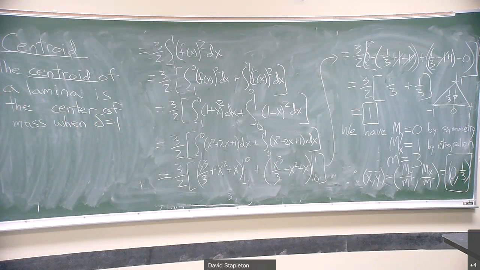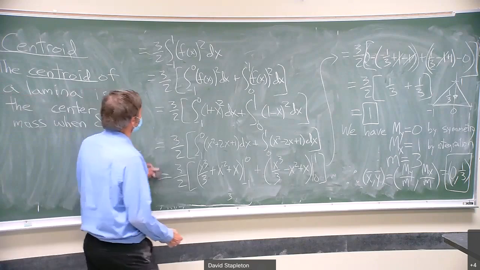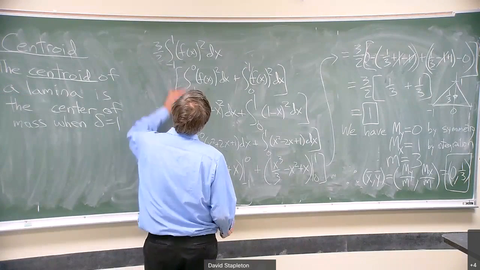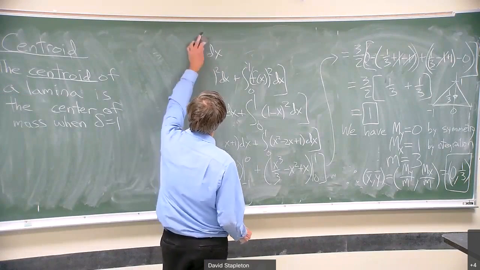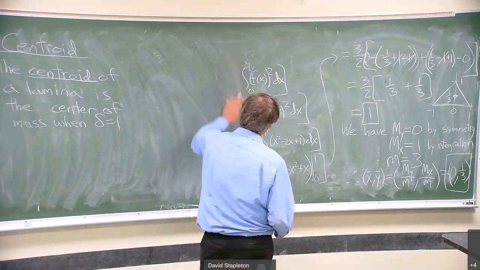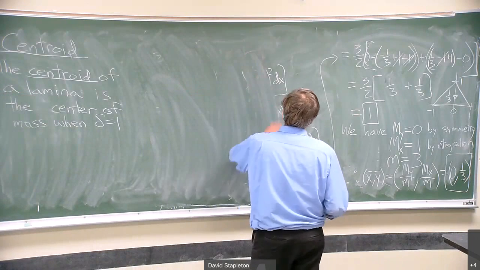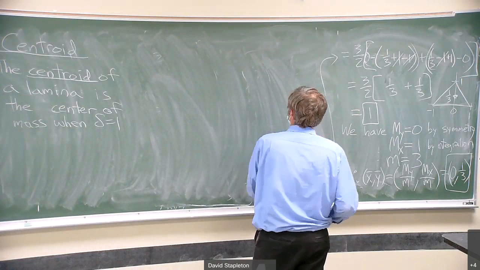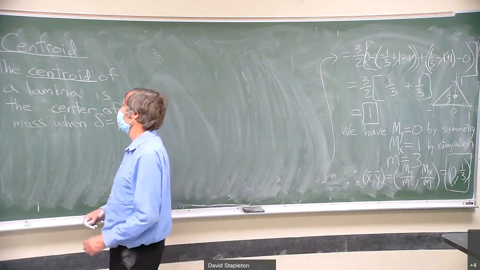Actually, it turns out if you put delta equals any constant, it gives you the same thing. So actually, all we've been computing all along is also the centroid, because we always chose delta to be a constant, which is what I don't like about this section.